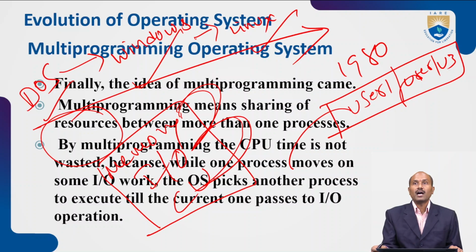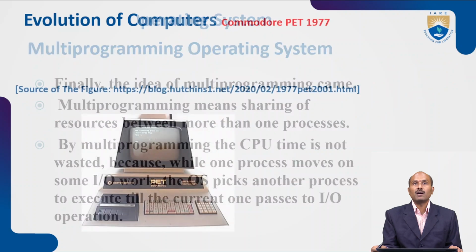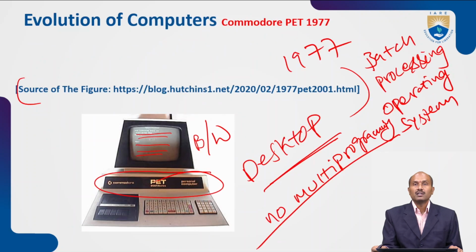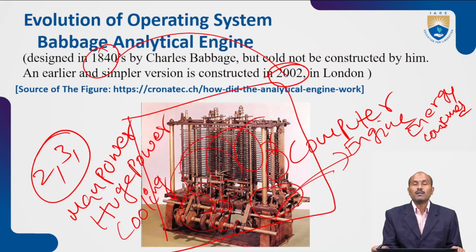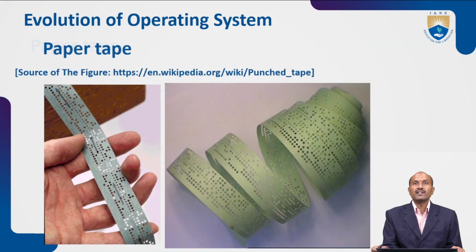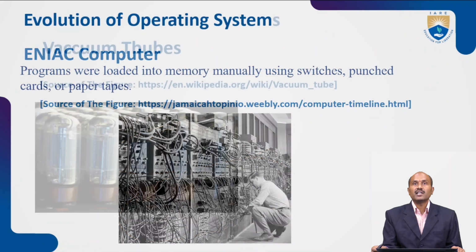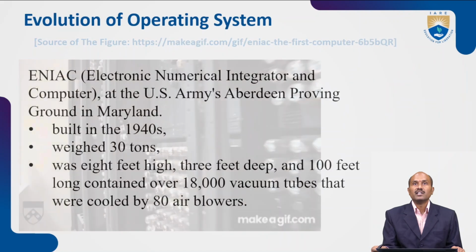So here I have explained the PET computer, and this PET computer came from several computer inventions. First, Babbage's analytical engine, the first computer, in 1840. From 1840 to 1940, the ENIAC computer was invented.